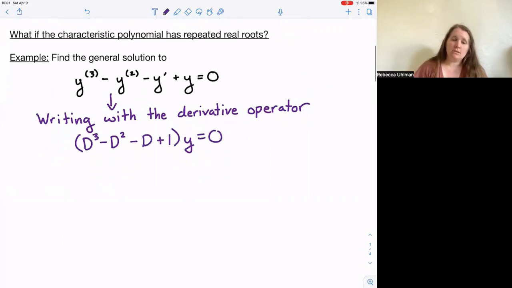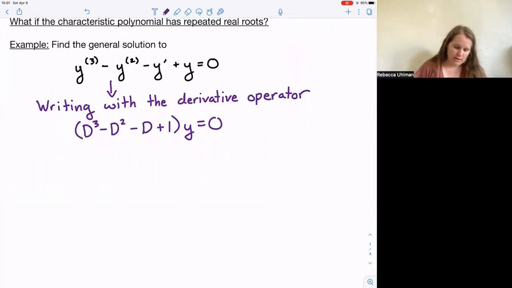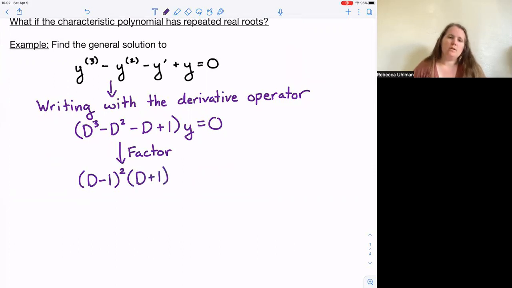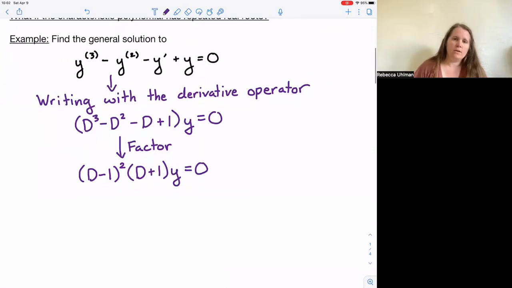D cubed minus d squared minus d plus 1 actually factors as d minus 1 squared times d plus 1. So we have d minus 1 squared applied to d plus 1 applied to y is equal to 0.